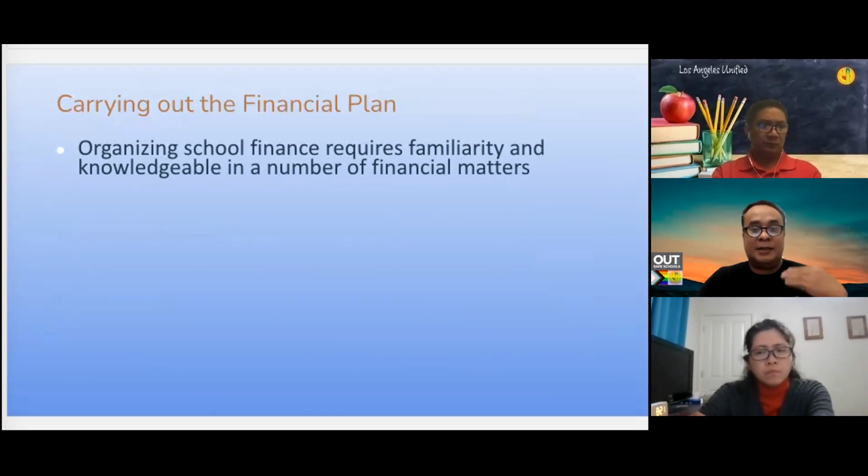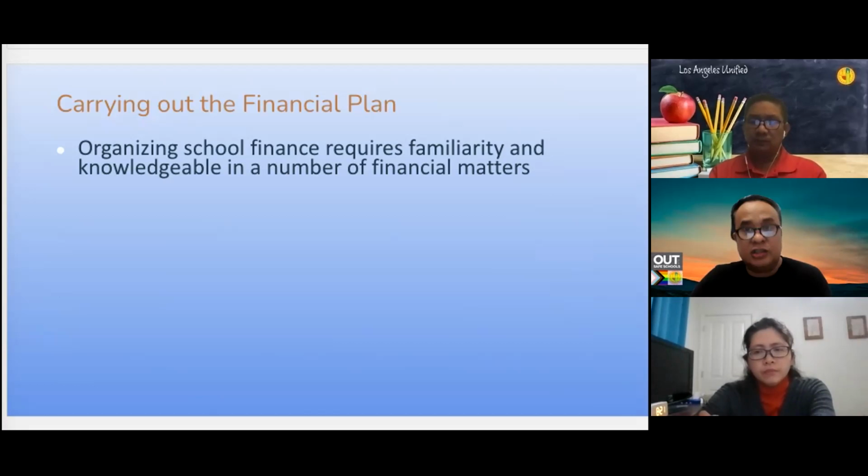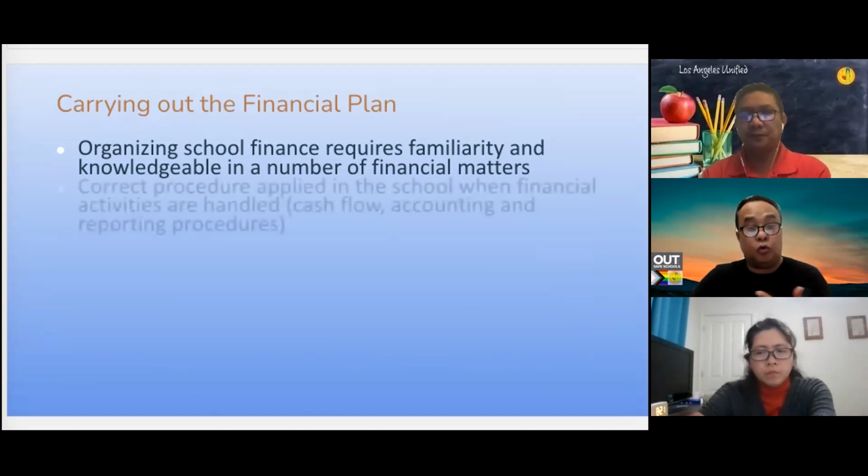What is important is that you are at least familiar and knowledgeable in some financial matters, how cash is handled, and the different reporting procedures. Understanding these reporting procedures is also essential. You need not know everything about accounting, so you can focus on how accounting works in schools.